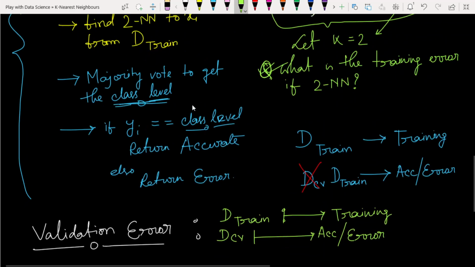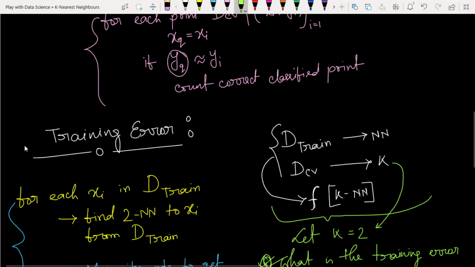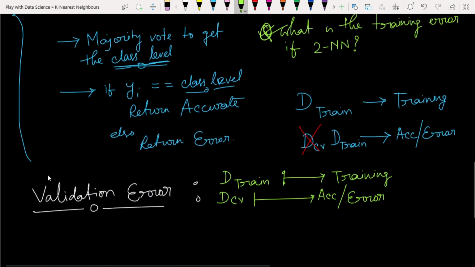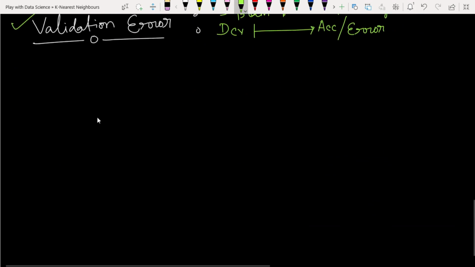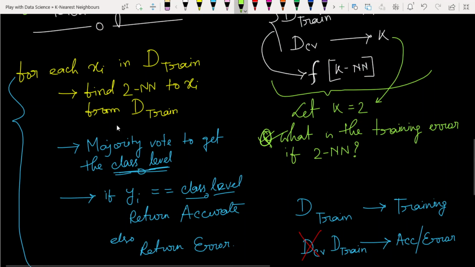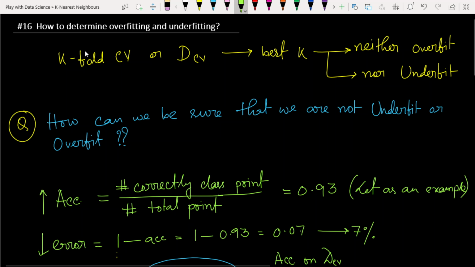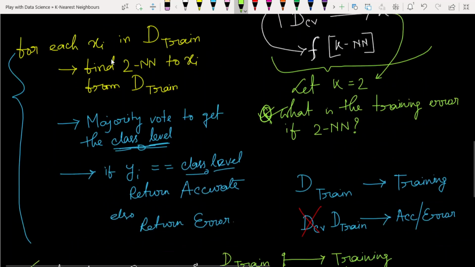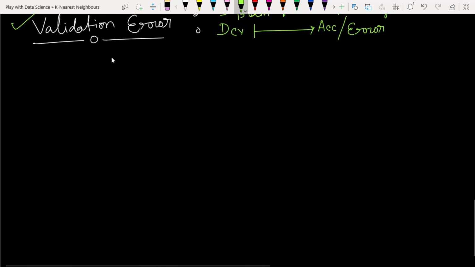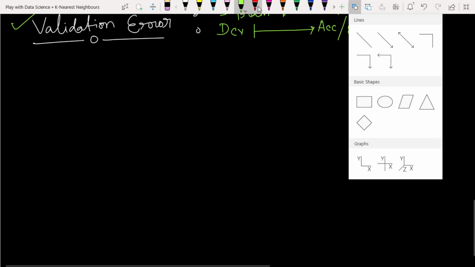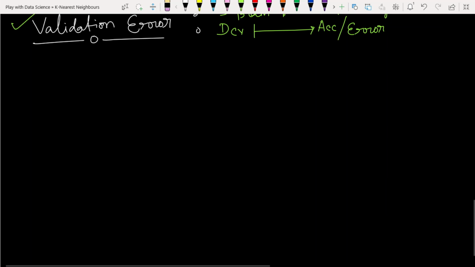Now I think the concept of training error and validation error is clear. Now, using these two, let's see how we can find whether our model is overfit or underfit. It will be better if we draw a picture so it is clearly visualized.